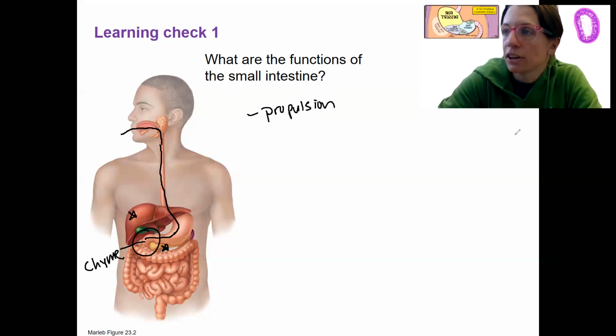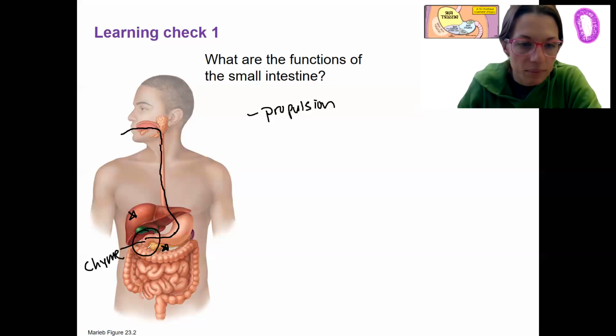Okay, I'm going to choose a different color here to label my three regions of the small intestine. The one directly connected to the stomach continues like here a little bit as well. So this part here, the first part, is going to be our duodenum.